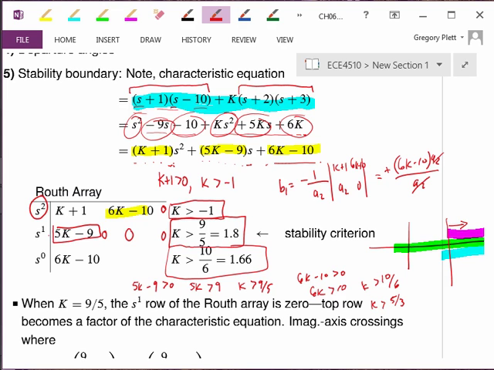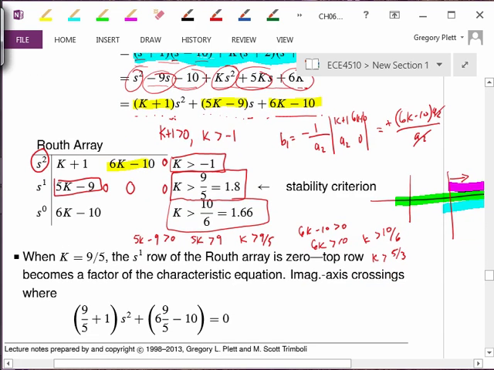So that tells us how to solve for the point of crossing the imaginary axis. I know it crosses the imaginary axis at k equals 1.8, but where does it cross? This is where the Routh test case number 3 is really helpful. So what we're going to say is when this row is 0, the previous row is a factor of the equation.